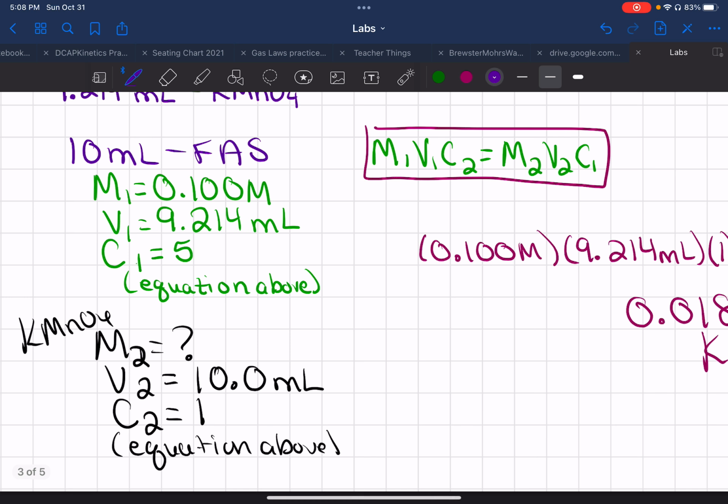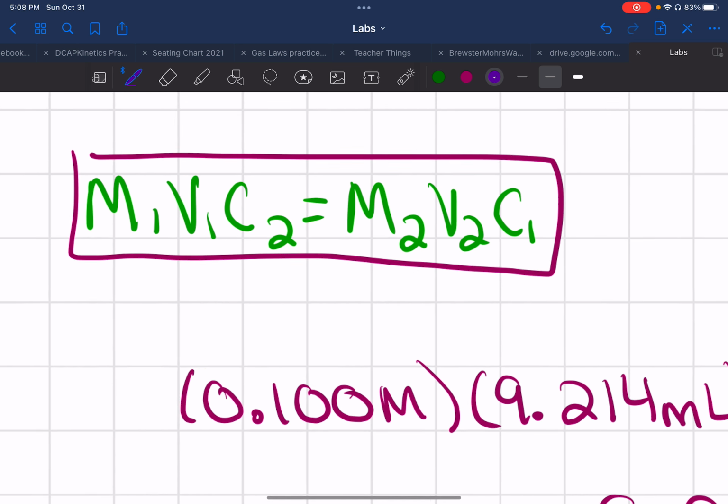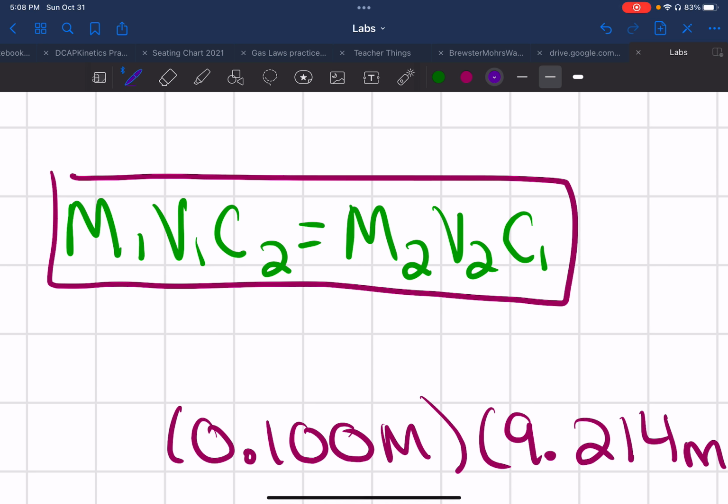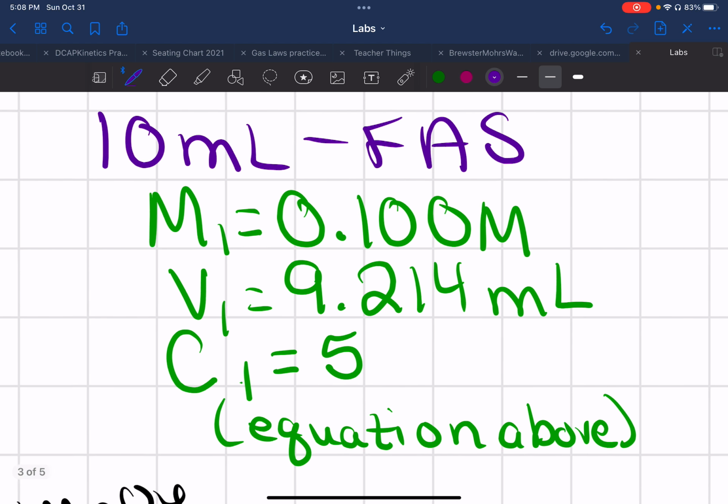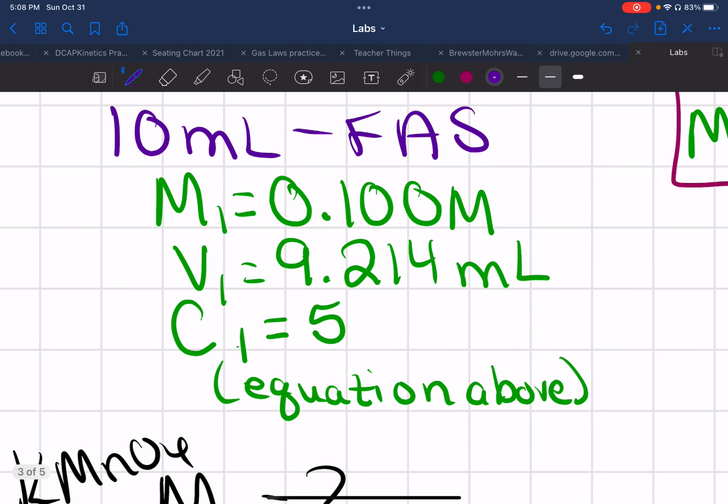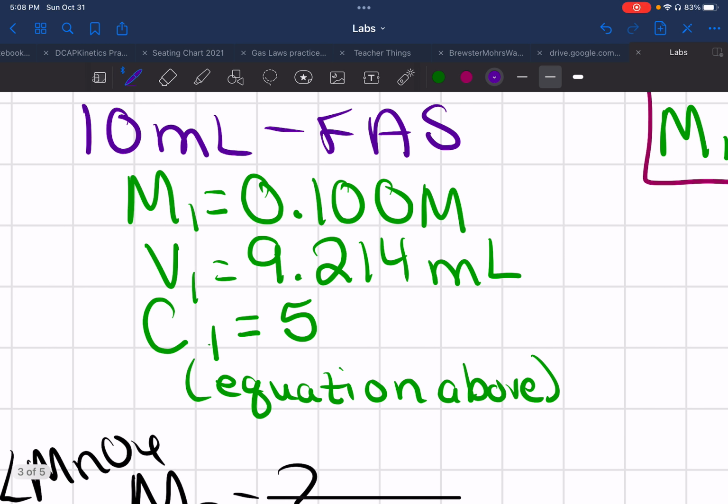Now, my equation that I'm using is M1V1C2 equals M2V2C1. So my M1 for the FAS for this example is 0.100 molar. My V1 was at equivalence point, which is 9.214 milliliters.